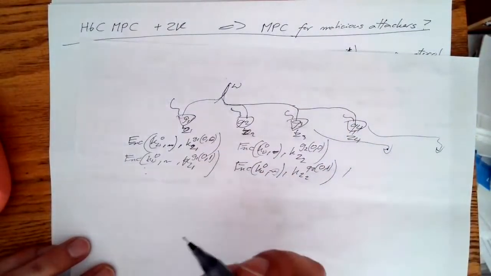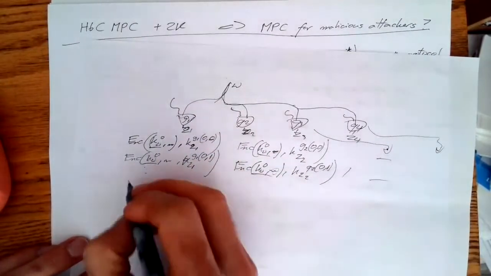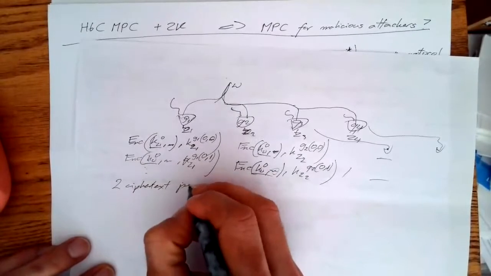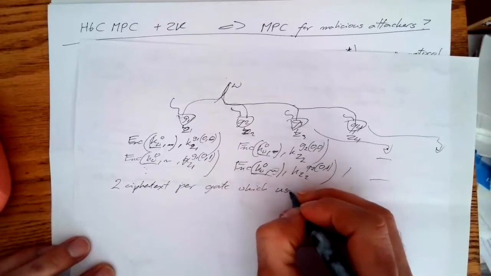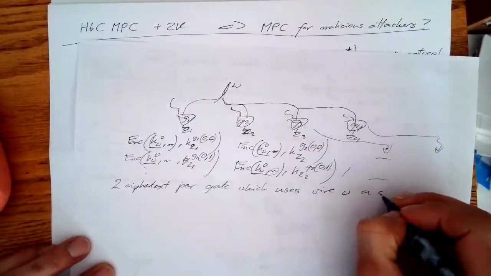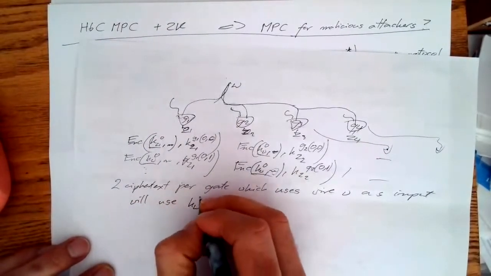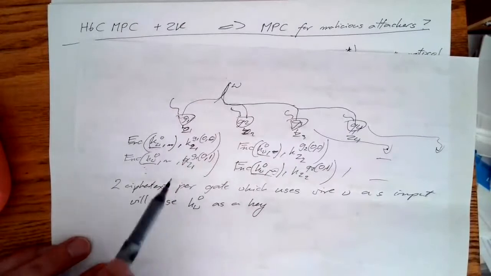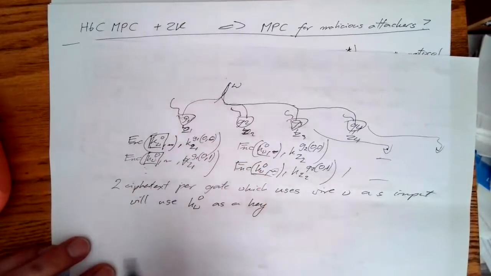So how many encryptions do I have under this key? Many, right? Two ciphertexts per gate which uses wire W as input will use KW0 as a key. Now, what do we know from basic symmetric crypto? If you want to reuse the key to encrypt many different things, you better use randomized encryption.